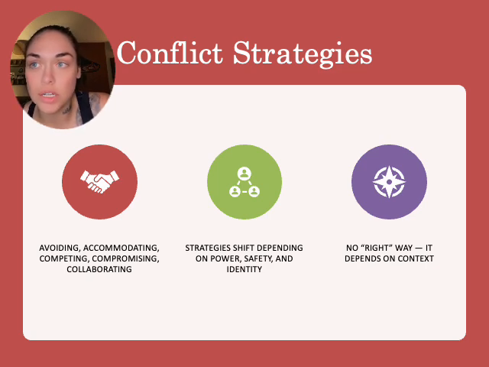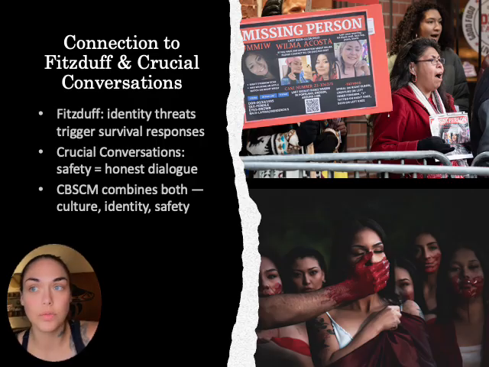And confrontation might be a last resort for someone who spent years being dismissed. So CBSCM doesn't rank these strategies. It helps us understand them. And that understanding is what helps systems avoid re-traumatizing the people that they're supposed to serve.